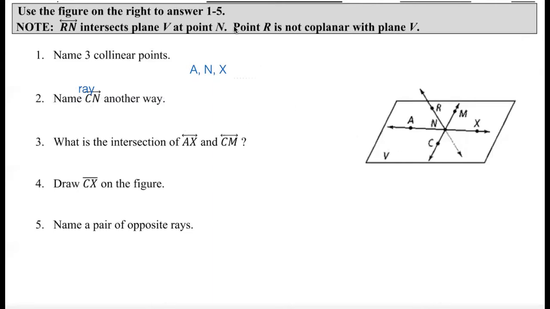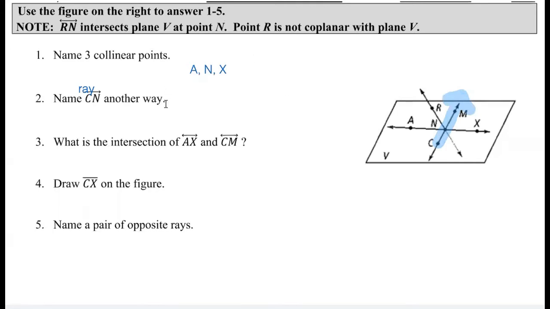And let's locate this item on the actual figure. Ray CN means it has an endpoint at C and it's going in the direction of N. So the ray is going just in that direction. Okay. What's another way we could name that?